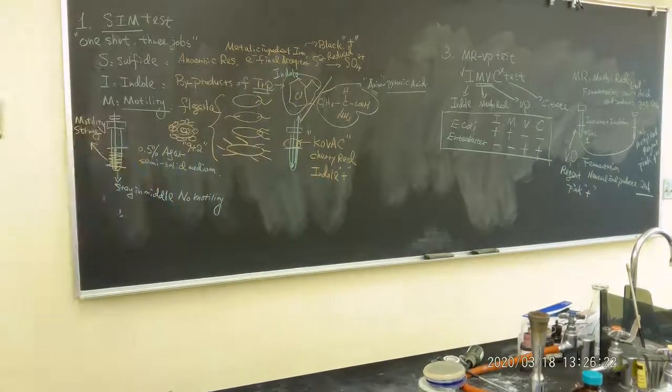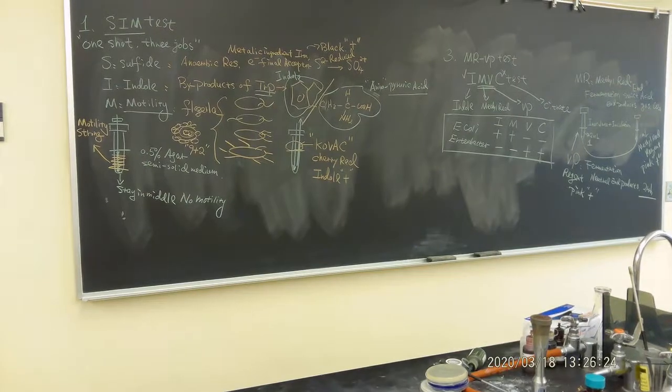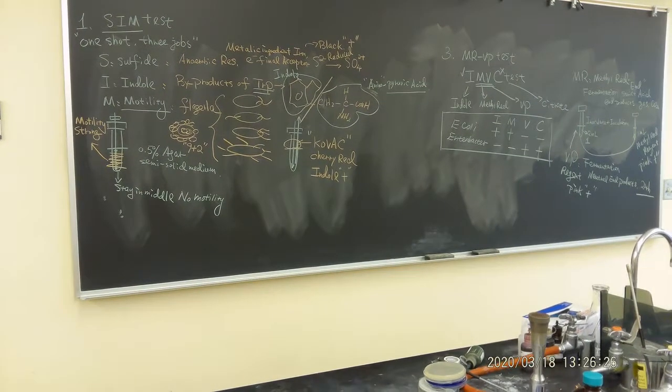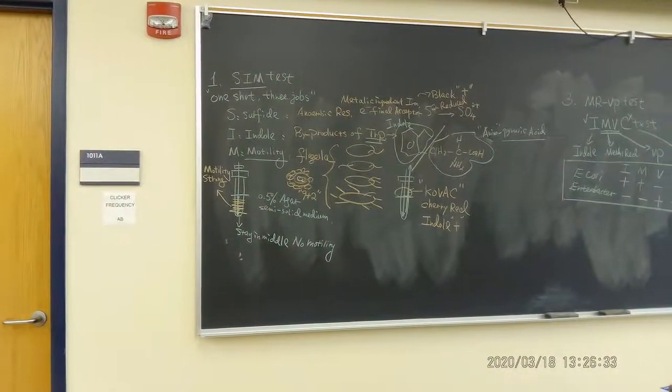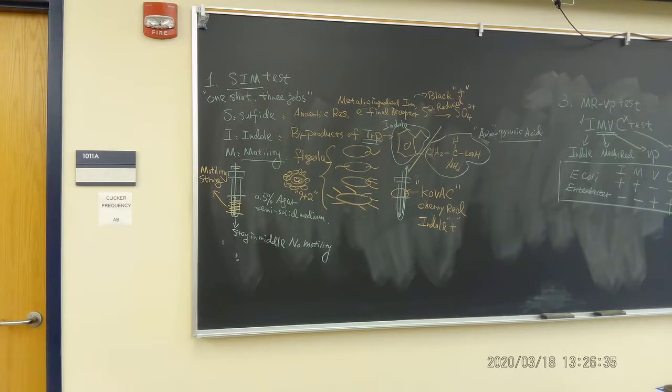So what we're going to have, everybody is going to come here to get 1 slant for the phenylalanine test, semi-solid agar for the SIM test, and grab 1 tube from here for the Methyl Red Voges-Proskauer test. All these are very easy, which is you inoculate the bacteria.